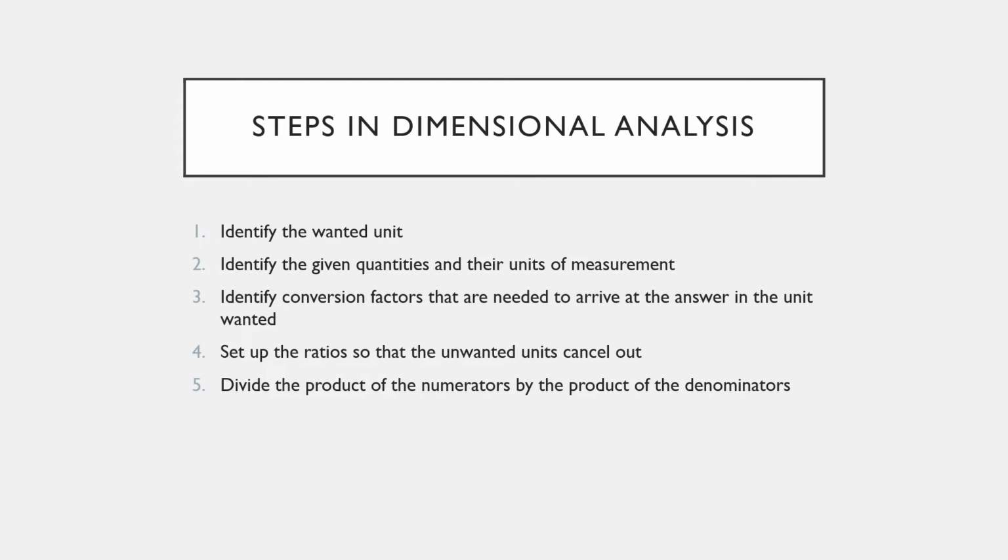So for 3 liters and 1 liter, one has to be on top, one has to be on the bottom in order for them to cancel out. And the last step, you multiply the numerator, you multiply the denominator, and then you divide the product of the numerator by the product of the denominator.